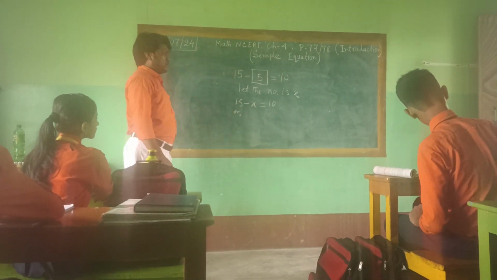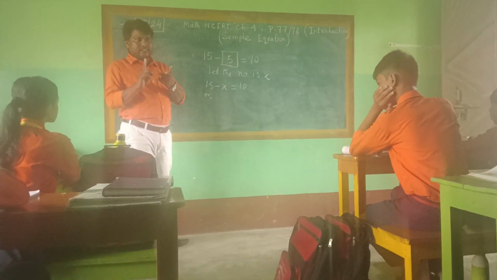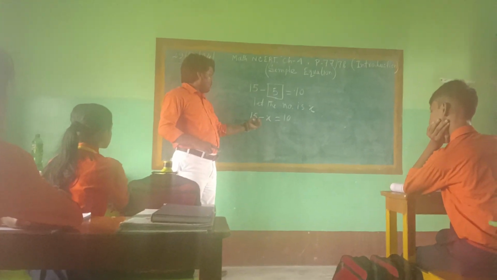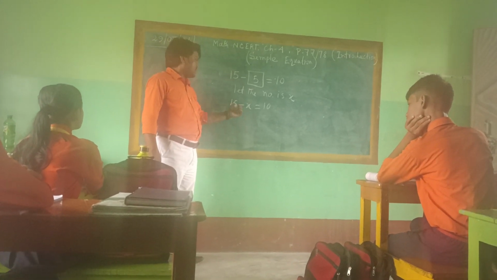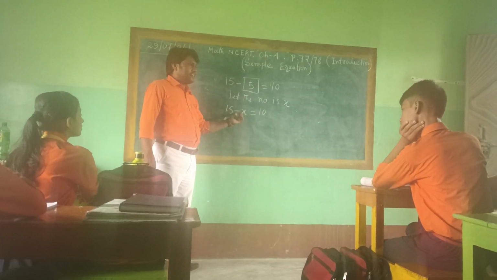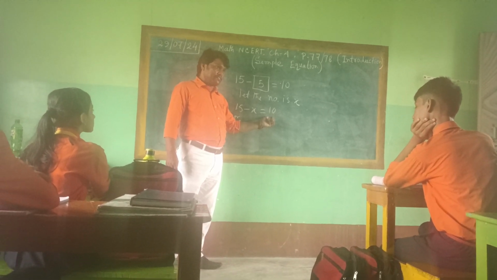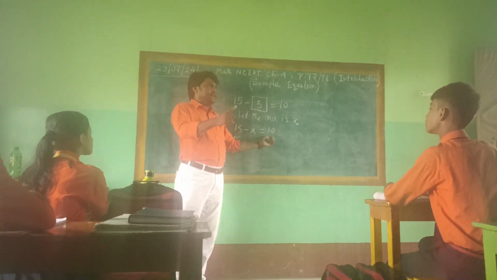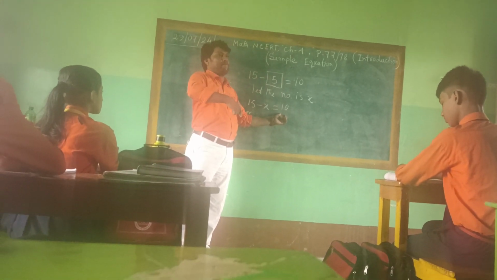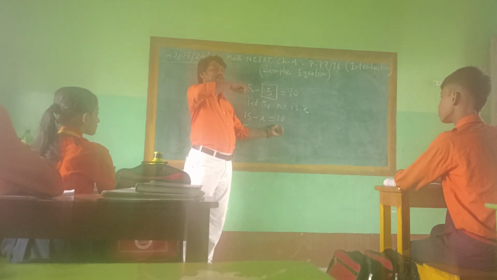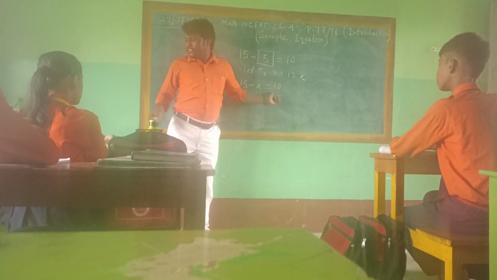Look very carefully, according to the integer chapter: what is the sign of 15? Plus. What is the sign of x? Minus. What is the sign of 10? Plus. The sign always remains before the number in an integer. So when you transpose or eliminate, you will get the result.